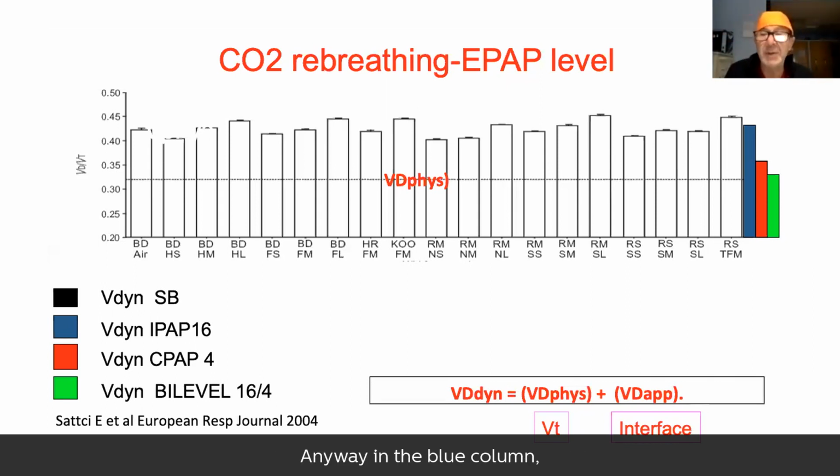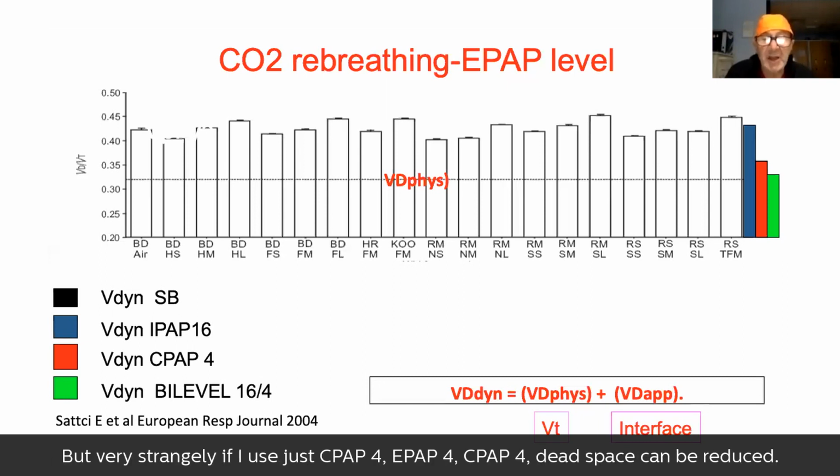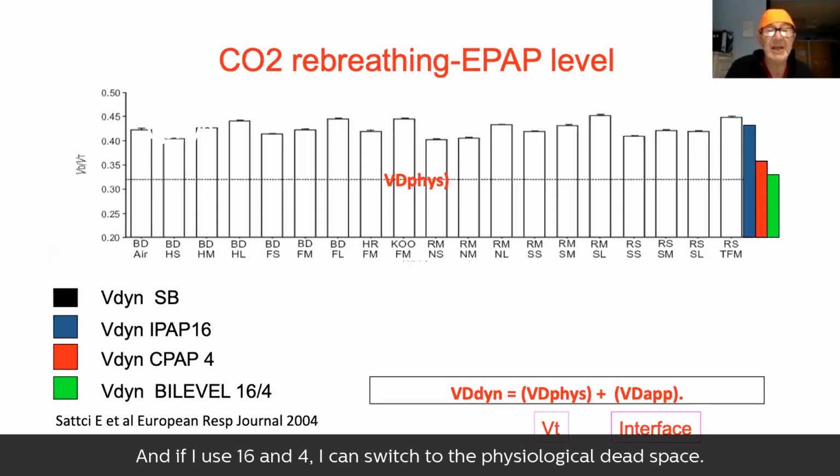But anyway, in the blue column, you can see the dynamic dead space is very high when you just apply 16 of IPAP. But very strangely, if I use just CPAP 4, EPAP 4, dead space can be reduced. And if I use 16 and 4, I can switch to the physiological dead space.